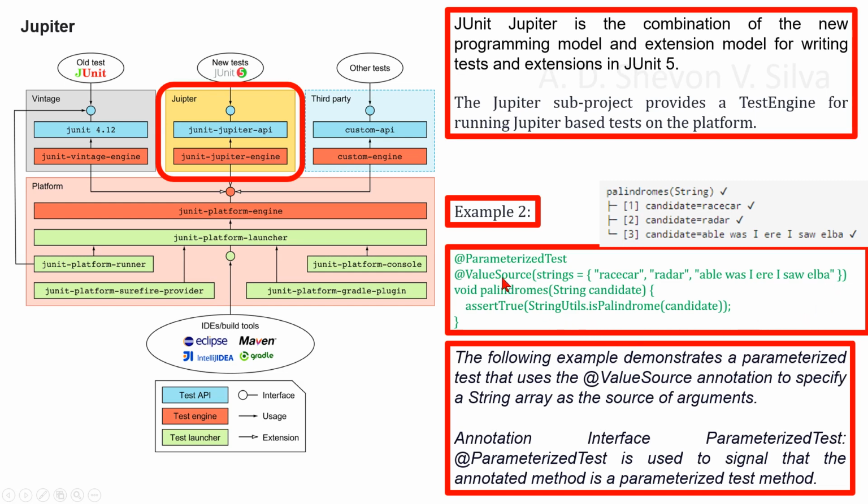Annotation interface ParameterizedTest: @ParameterizedTest is used to signal that the annotated method is a parameterized test method.